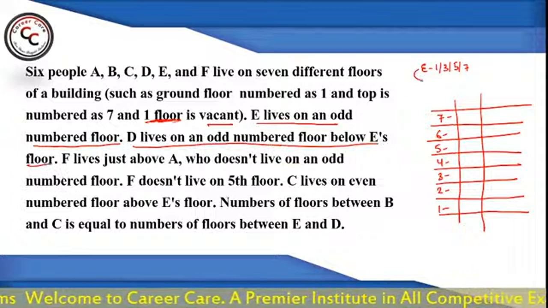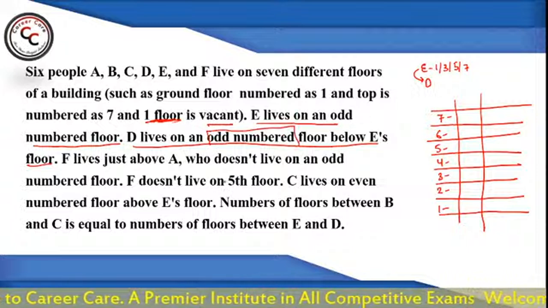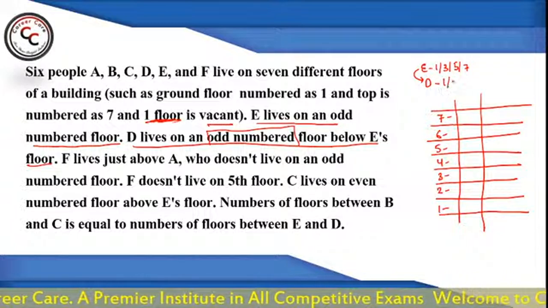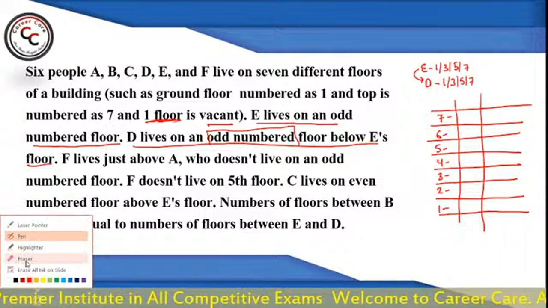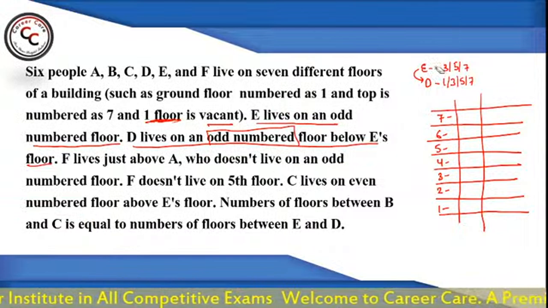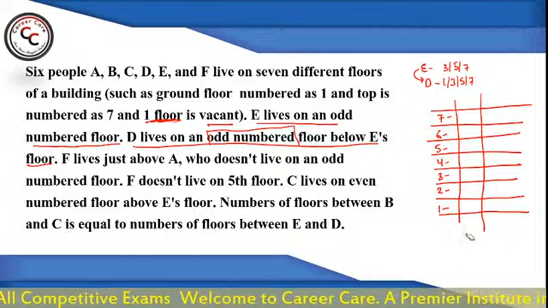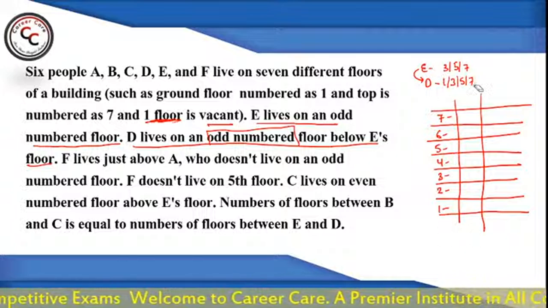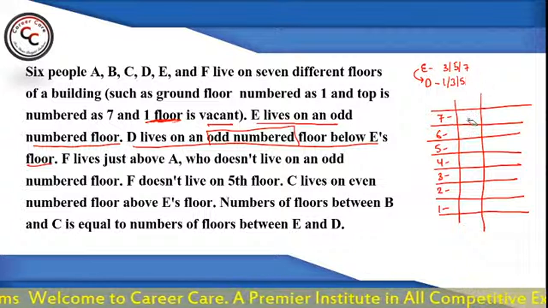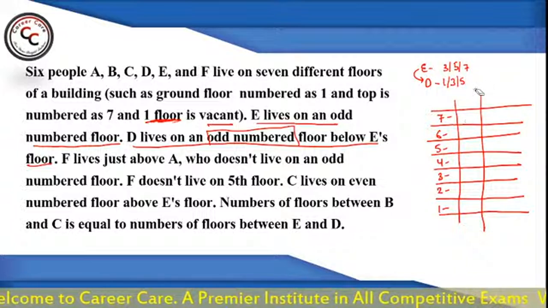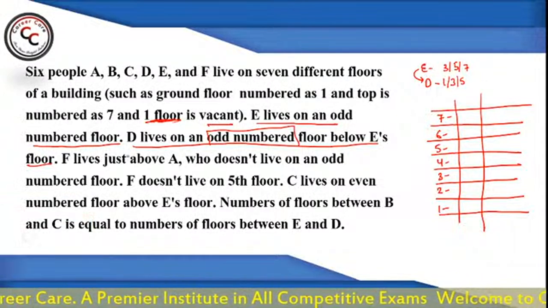So below E, D should be present, and D should also be present on an odd numbered floor. So what are odd floors? 1, 3, 5 and 7. So from this I can remove E from the first floor. Why? Because if E is on the first floor, below E there is no other odd floor. Similarly, I can remove the 7th floor for D. Why? Because if I put D on the 7th floor, above D I cannot put E. Simple. Then next point.